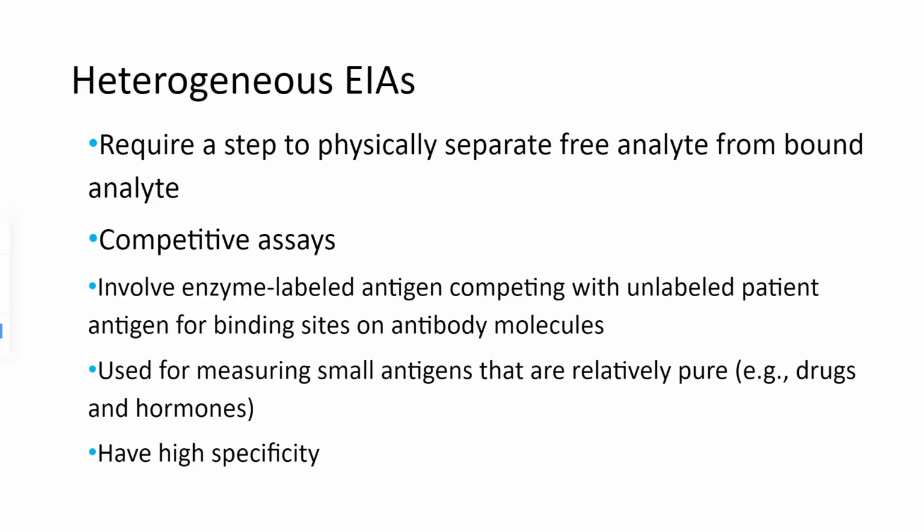There's heterogeneous and homogeneous EIAs. Heterogeneous require a step to physically separate free analyte from bound analyte. Competitive assays involve enzyme-labeled antigen competing with unlabeled patient antigen for binding sites on an antibody molecule. It's used for measuring small antigens that are relatively pure, like drugs and hormones, and has high specificity.